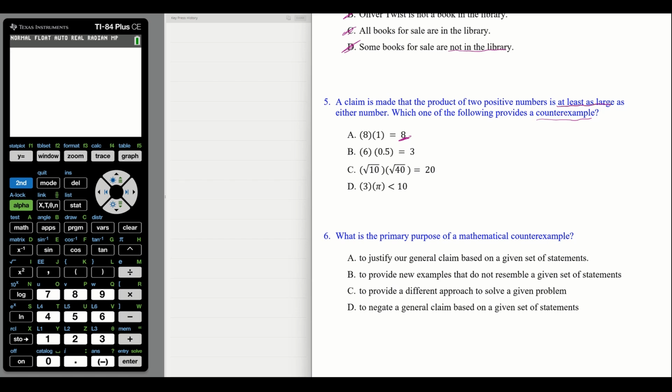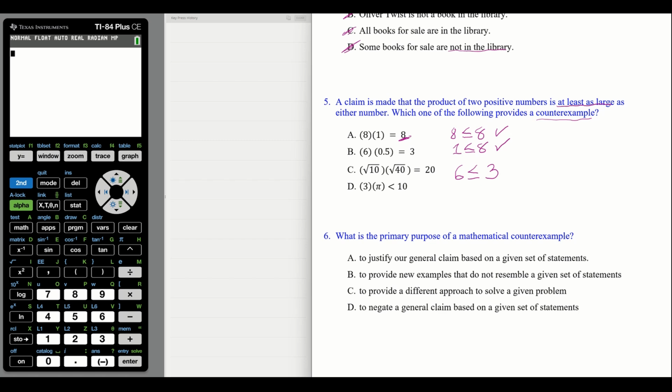So 8 is less than or equal to 8. Check. 1 is less than or equal to 8. Check. Okay, you see what I'm doing? So then I have to say, let's look at B. I also have to say that 6 is less than or greater than 3.